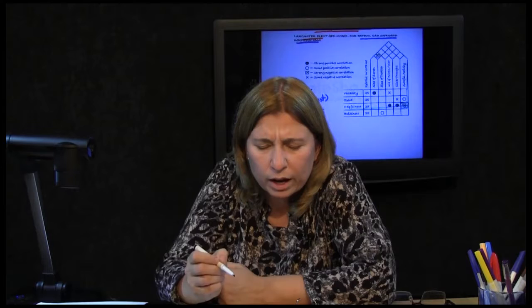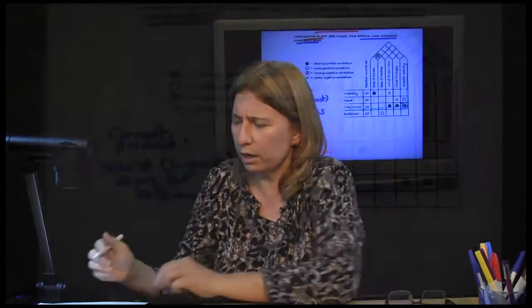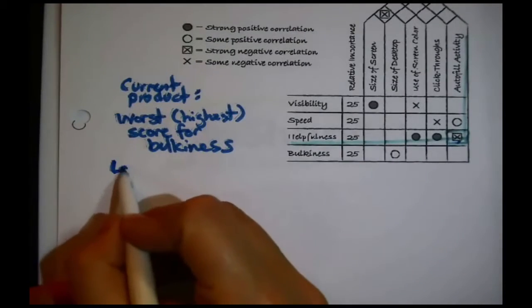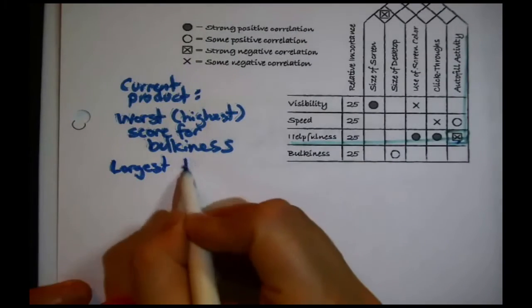We would begin with that fact, if we were going to make some recommendations. And another extreme to tune in on, if you want to go back to the original data, is that engineering noted Lancaster Fleet had the largest size of desktop area. They were rating products based on size of screen, size of desktop area, amount of autofill activity, and Lancaster Fleet apparently had the largest desktop area.